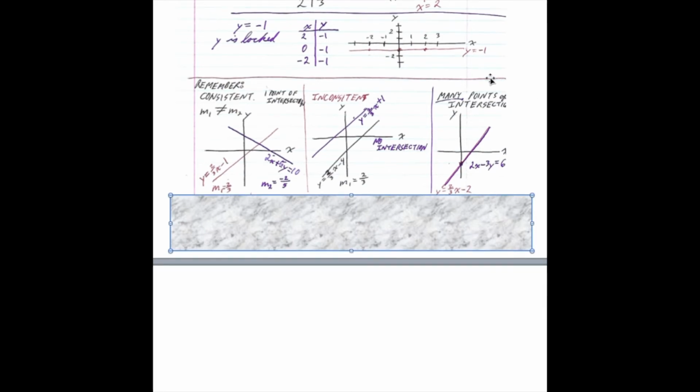Finally, many points of intersection. I'm sorry guys, this looks like it got cut off a bit. Anyway, basically, the 2 lines could be given to you in different methods, or different looks, but when you actually graph them, you'll notice they're right on top of each other because they're the identical line.